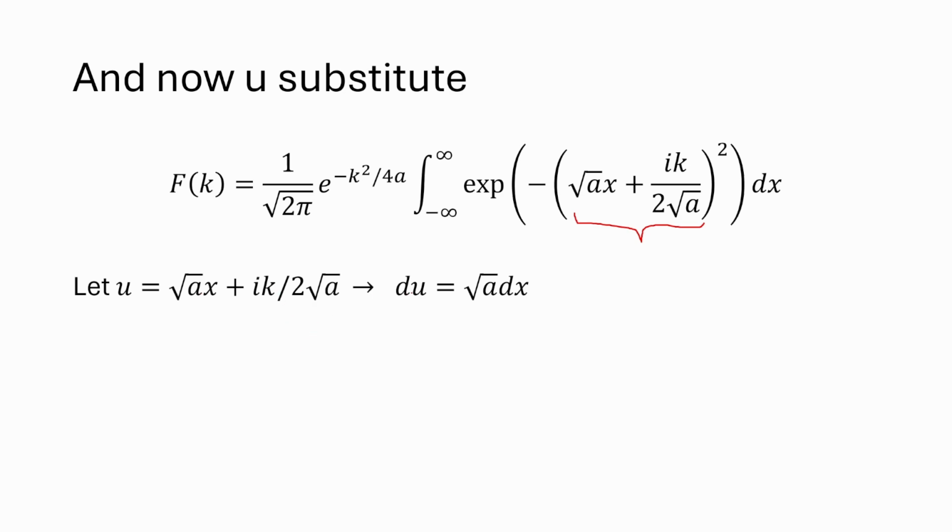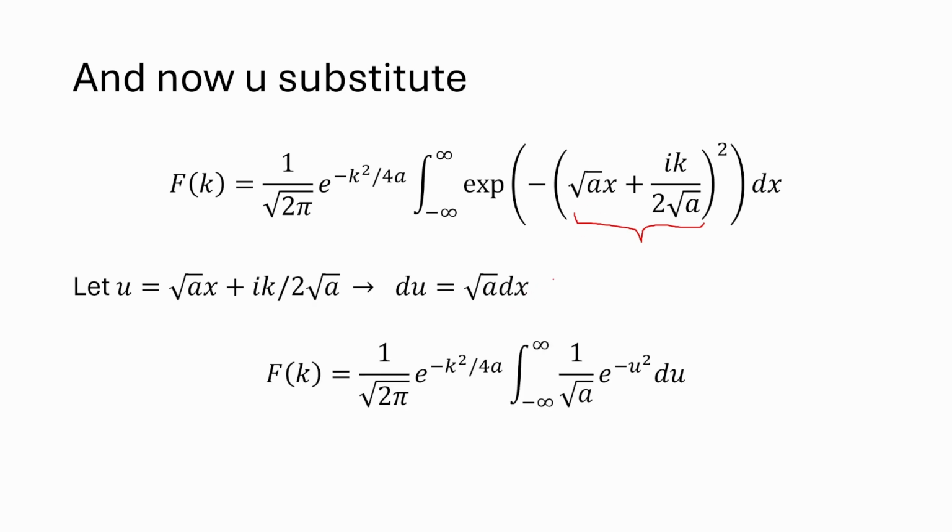That means that, and this is why I wrote it as square root of a x inside, this is just e to the negative u squared. And there's a constant of proportionality here. That's fine. That's a constant, so we can pull that out of the integral as well. And then it's really just e to the negative u squared du. So at the end of this, our integral has actually gotten way simpler than what we started with, because everything else we were able to rearrange into combinations of constant terms and pull those constants outside the integral.